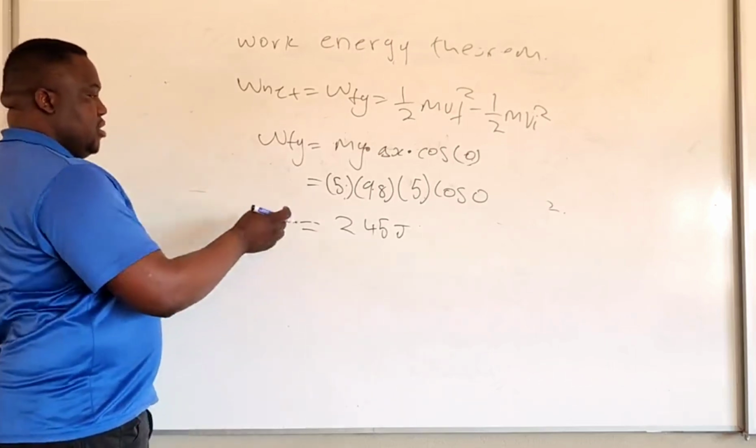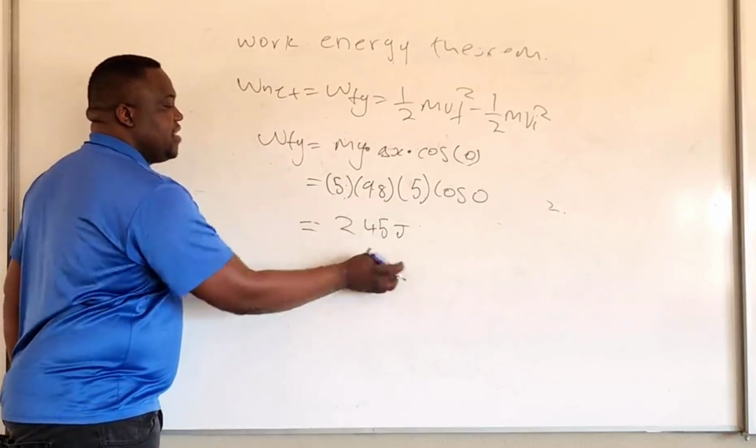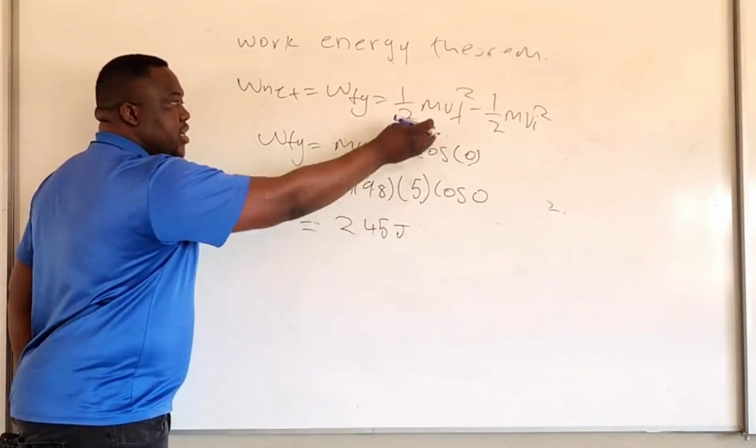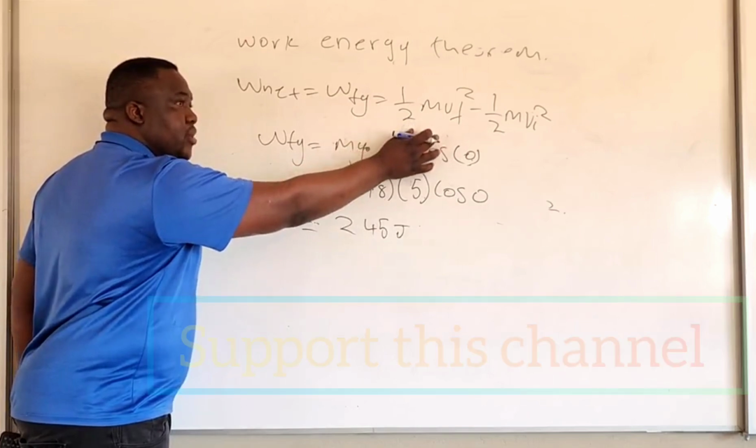So this 245 is the net work, the total work done. It is equal to the change in the kinetic energy.